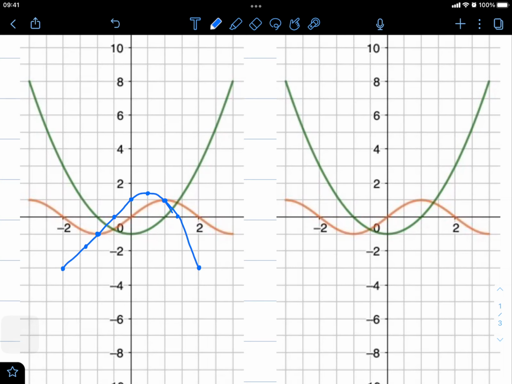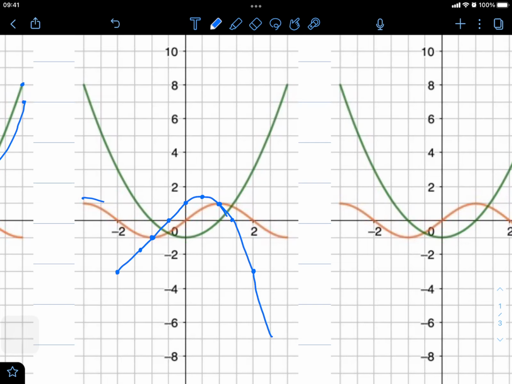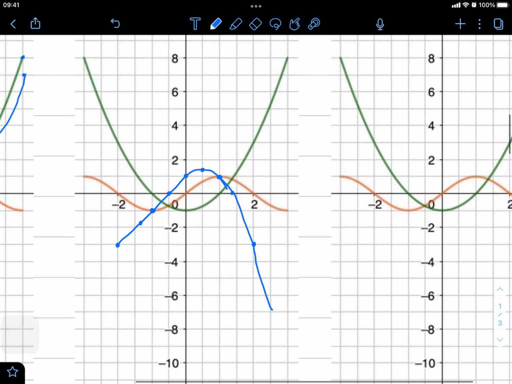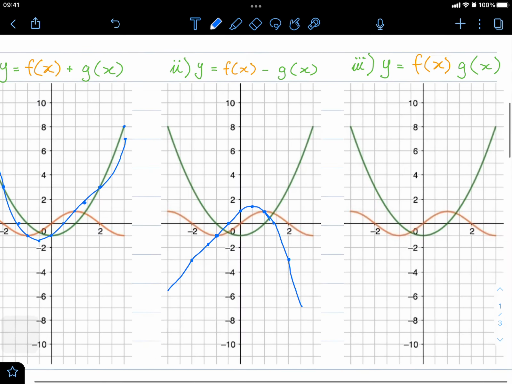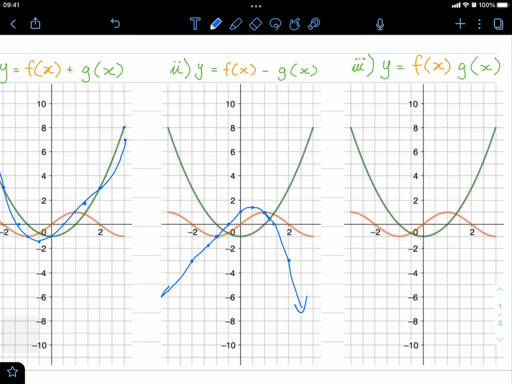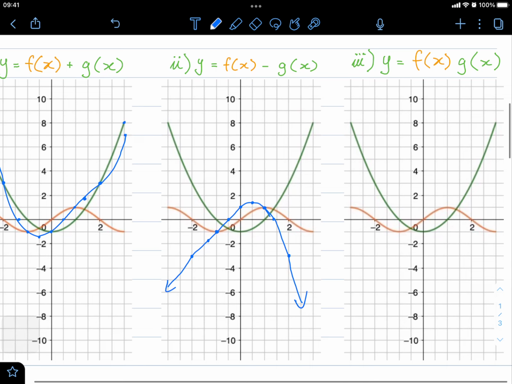So it's actually going to go downwards like so. This one here, it's positive minus a bigger negative. So it's actually going to be going more rapidly downwards like so. It should slow down as we go, so that there is the function f of x minus g of x.